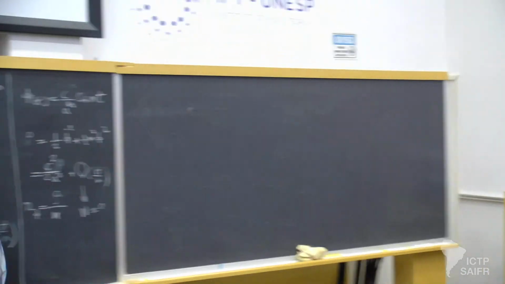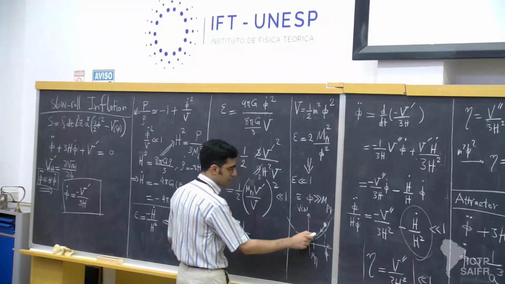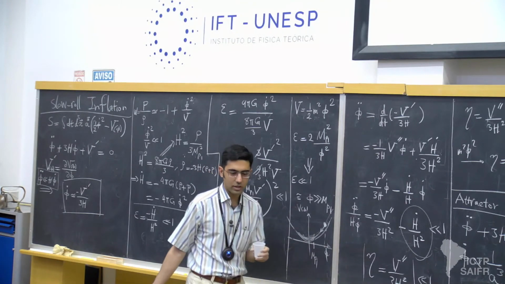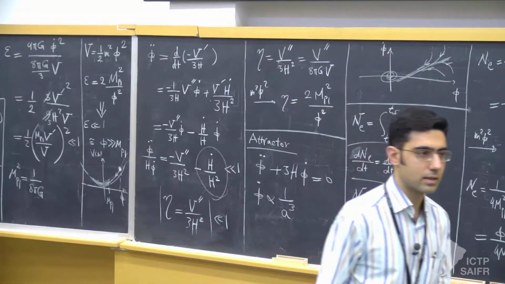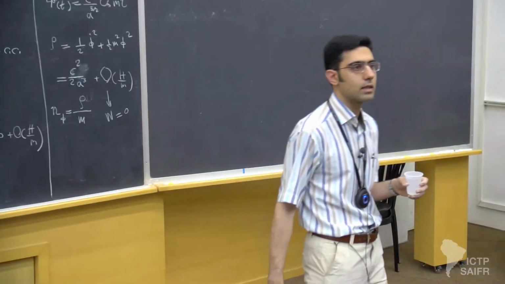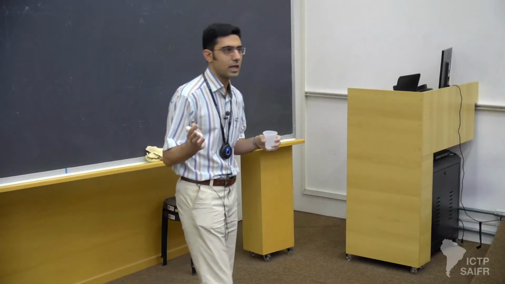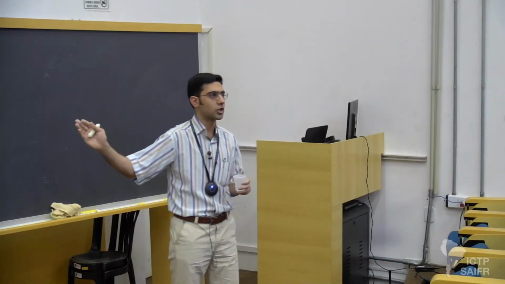Anyway, so what we have here is this matter-dominated universe, which we can think of as being made of a lot of non-relativistic phi particles sitting there. Now, if these particles are somehow coupled to the standard model, then they can decay into standard model particles. Presumably, they have a mass which is much, much larger than the masses of standard model particles. So when they decay into standard model particles, they will be very relativistic.